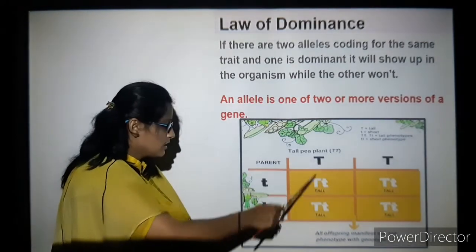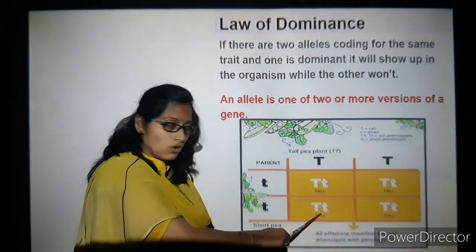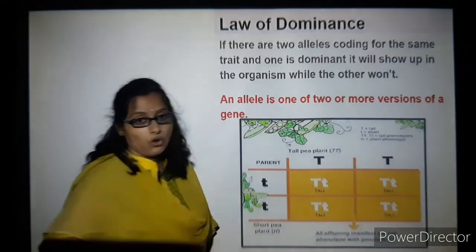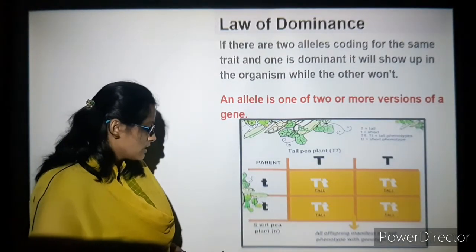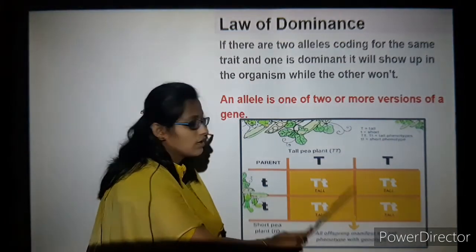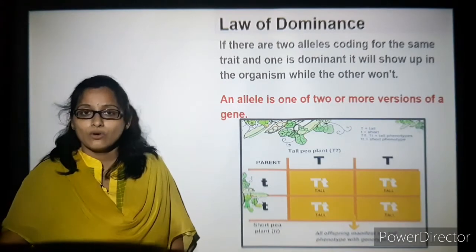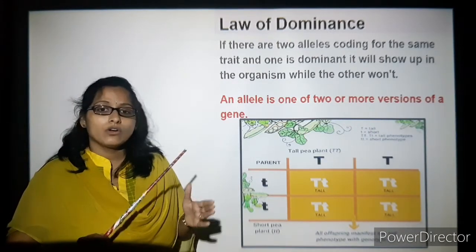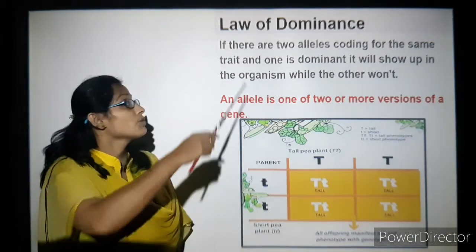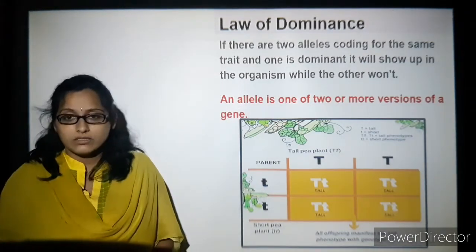Again big T and small t, tall. So you can understand that this is a short pea plant, but all the offsprings here are tall. There is no dwarf, but the dominancy is purely tall. That is known as the law of dominance.